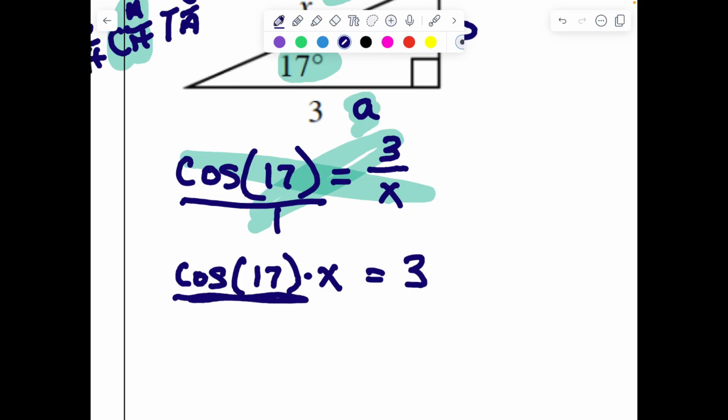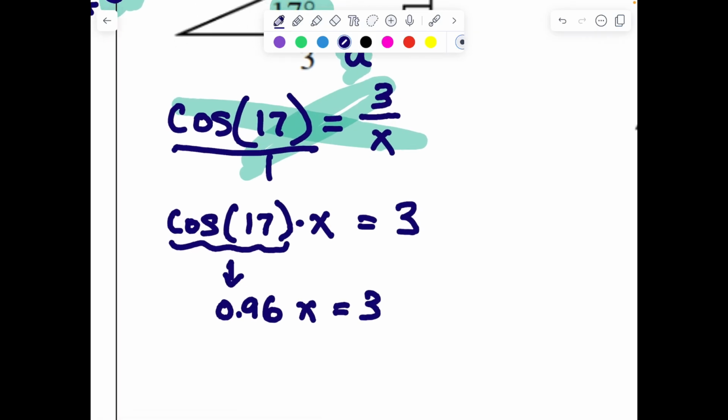Now, if I look at what I need to get rid of to get x by itself, I need to get rid of cosine of 17. I need to divide by the cosine of 17. And this can be kind of confusing for some people. So sometimes what I tell people to do is put this part into your calculator to make it a number, so 0.96 roughly.